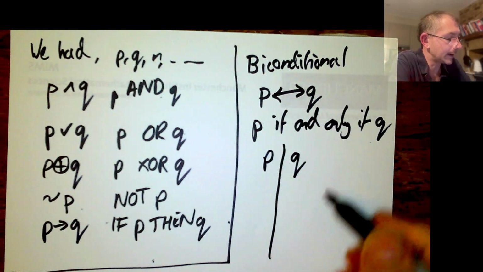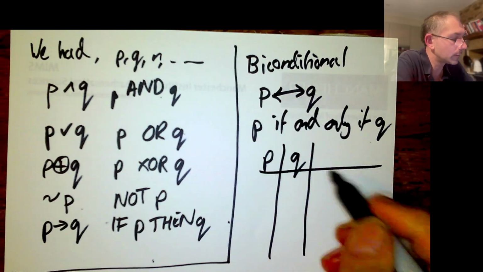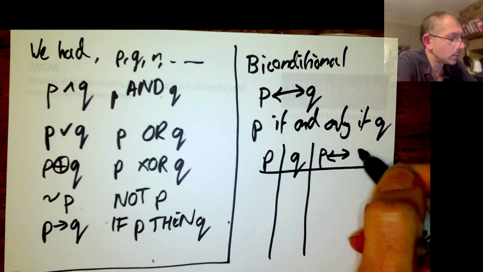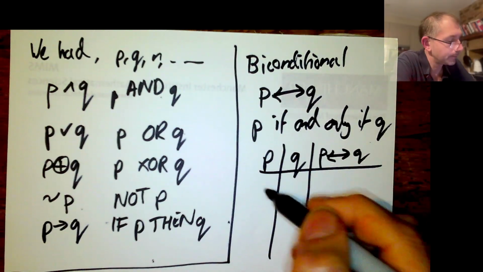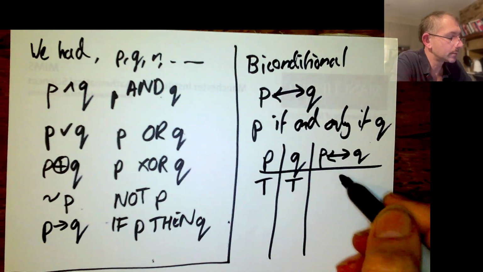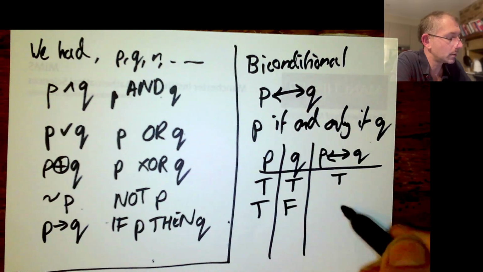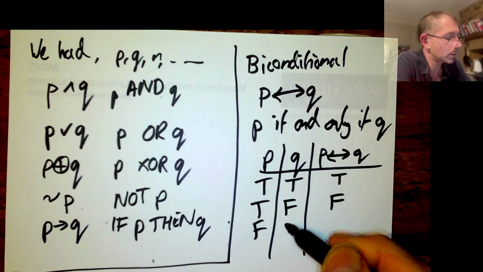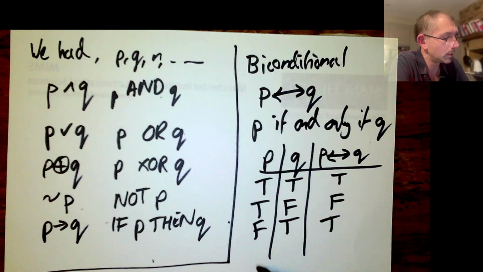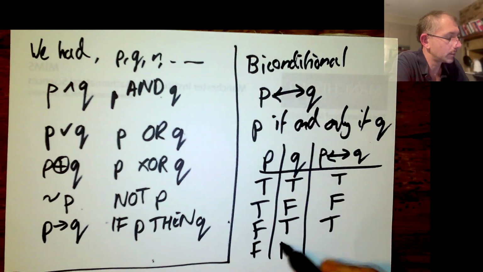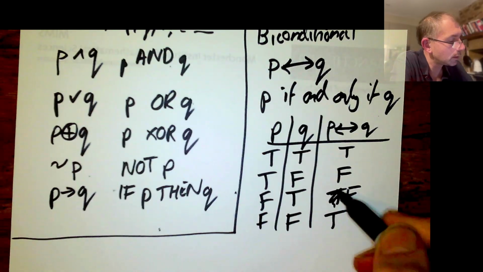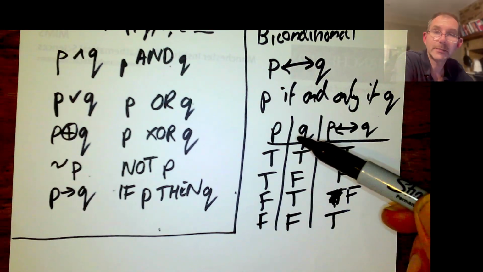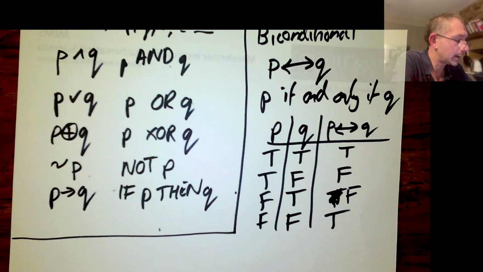Well, we're defining it, but we know what we're aiming for. We want it to be true whenever these match. So as long as these match, we're happy. But if they are different, then we know that they are not the same. They do not have the same valency.